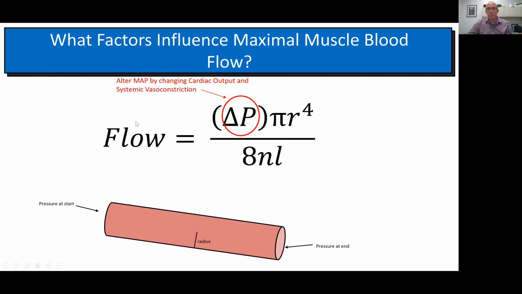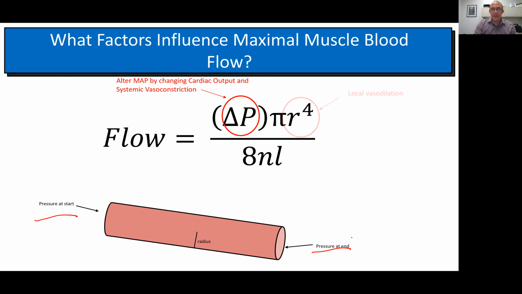So what influences blood flow? Blood flow, we can calculate it by Poiseuille's law. This equation just tells us the factors that influence flow through a tube, whether it's a straw, a hose, or an artery. It's the change in pressure from one side to the other. So the pressure going in the artery and the pressure pushing back on it at the vein, that difference in pressure, perfusion pressure, or pushing pressure is another way to think of it.